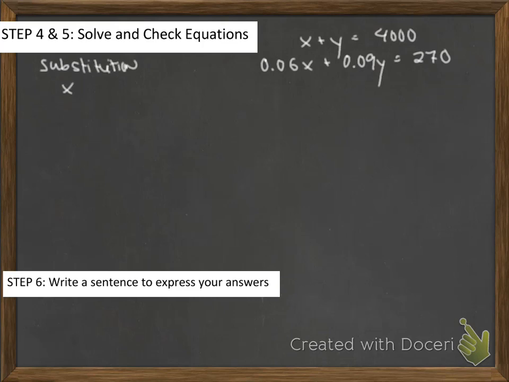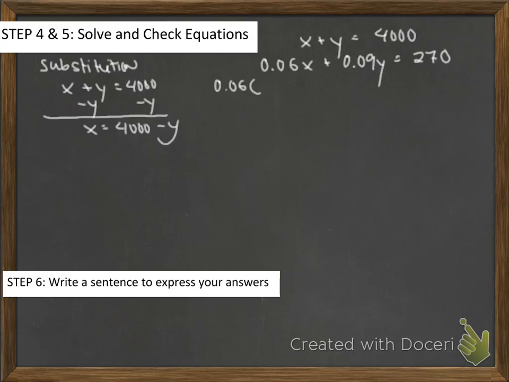So the first thing I'm going to do is isolate one variable. I'm going to do that by subtracting y from both sides of my first equation. That gives me x equals 4,000 minus y. So then I can put this expression in place of x. So instead of writing 0.06x, I'm going to write 0.06 times the quantity, 4,000 minus y. Then I'm going to distribute.